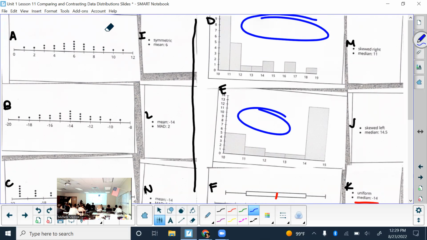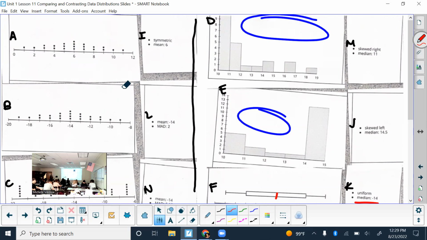Now the next question that I should have asked you probably before you sorted them, but we'll do it together now, is whether the mean or median is more appropriate for measuring center on each one. Remember, variability or spread is how spread out the data is. Center is like your typical data. So for data display A, the dot plot, what would be better to use, the mean or the median?